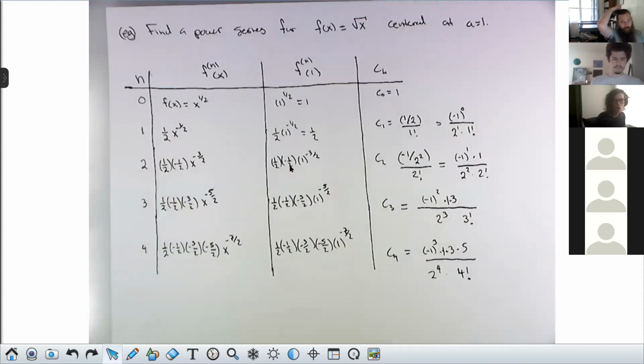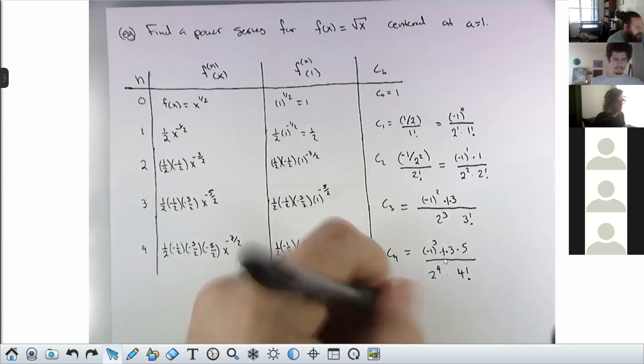So now if we look at those, we'll see a pattern, right? -1 to the 0, -1 to the 1, -1 to the 2, -1 to the 3. The odd product upstairs is weird. You got nothing, then 1, then 1 times 3, then 1 times 3 times 5. Downstairs here, you've got 2 to the 1, 2 to the 2, 2 to the 3, 2 to the 4.